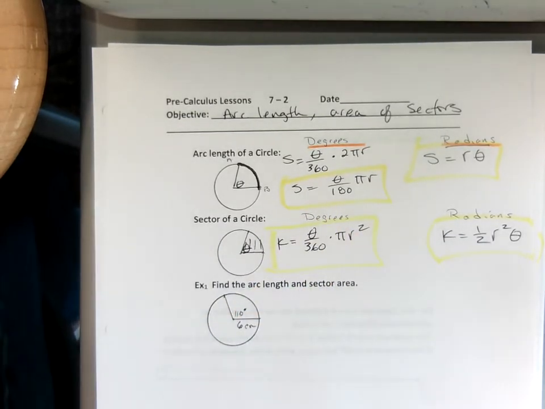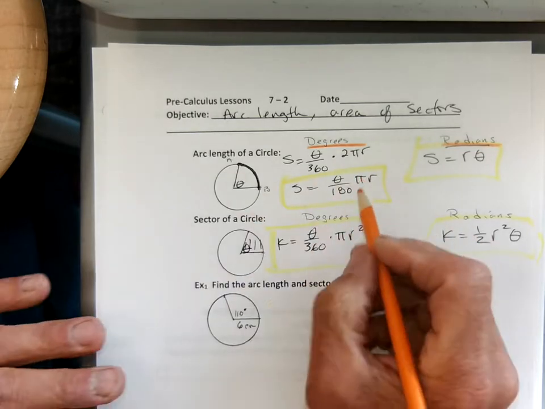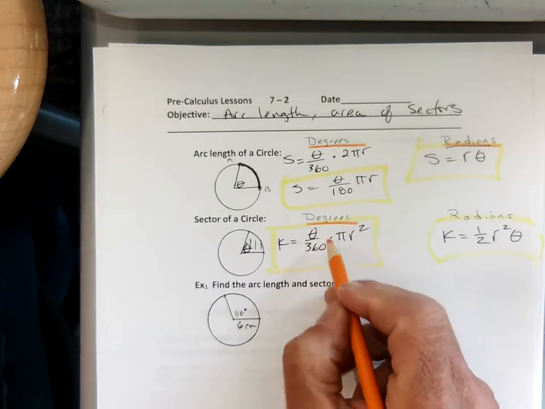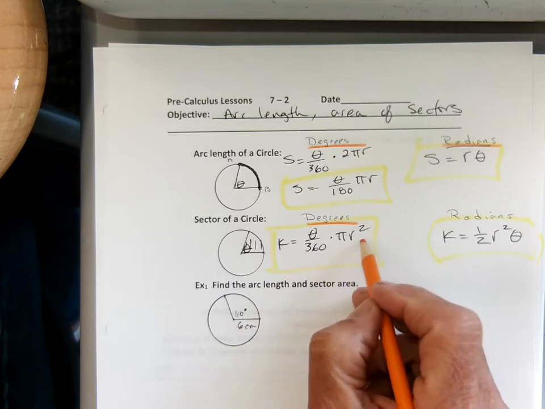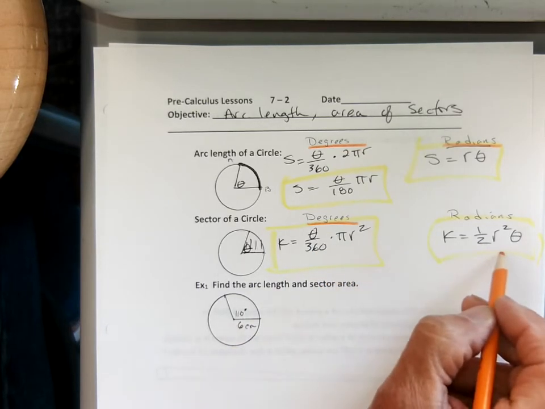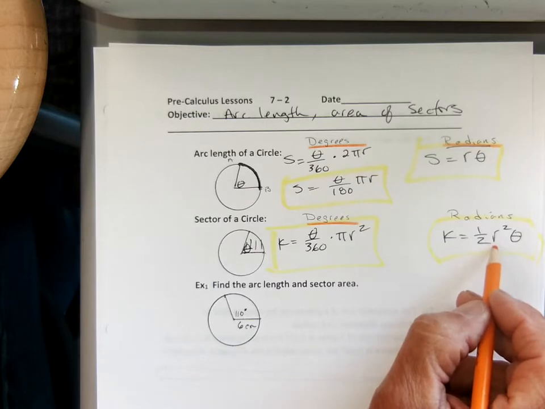So if you're given degrees, you just take what portion of the circle in terms of degrees times pi r squared, right? The nice thing about radians, it's already got it in there because we know the arc length is equal to it.